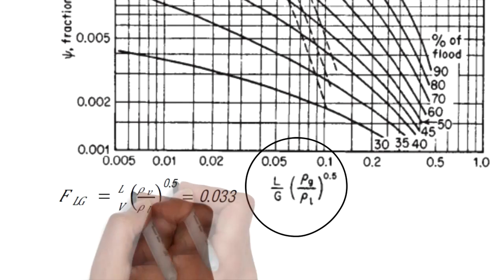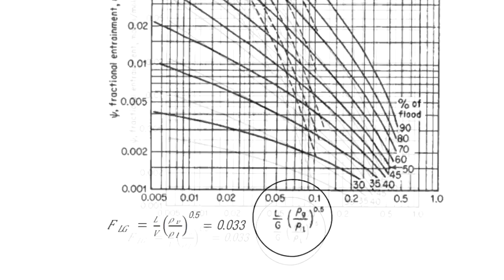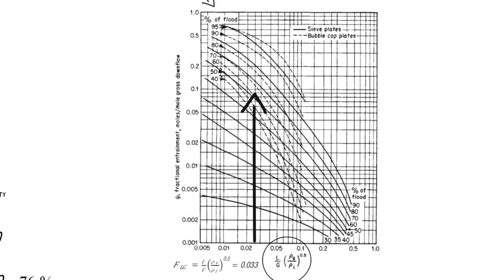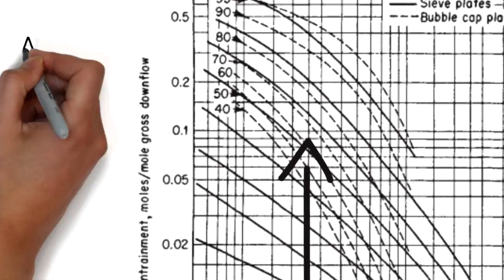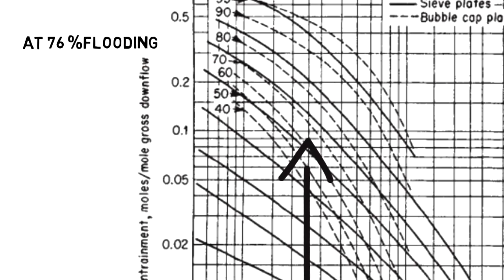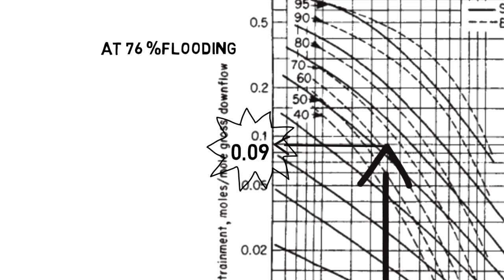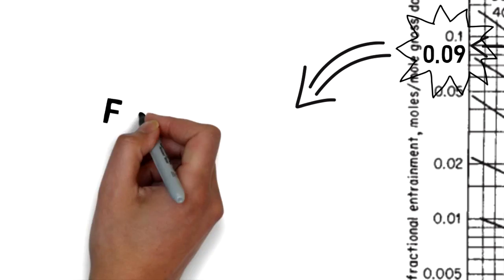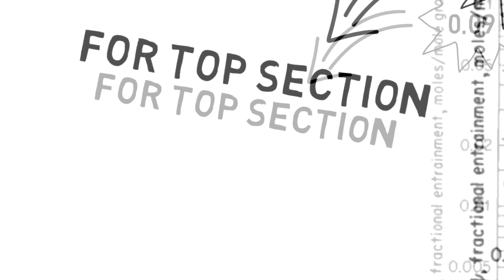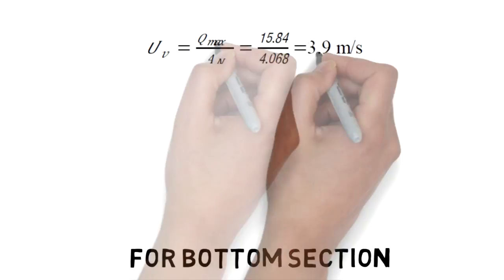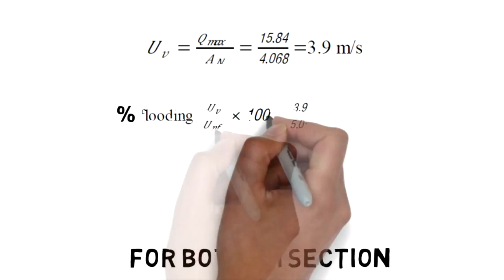Using FLG equal to 0.033 at 76% flooding, the fractional entrainment is equal to 0.09, which is the fractional entrainment for the top section. For the bottom section, the same procedure will be used for determining the fractional entrainment.